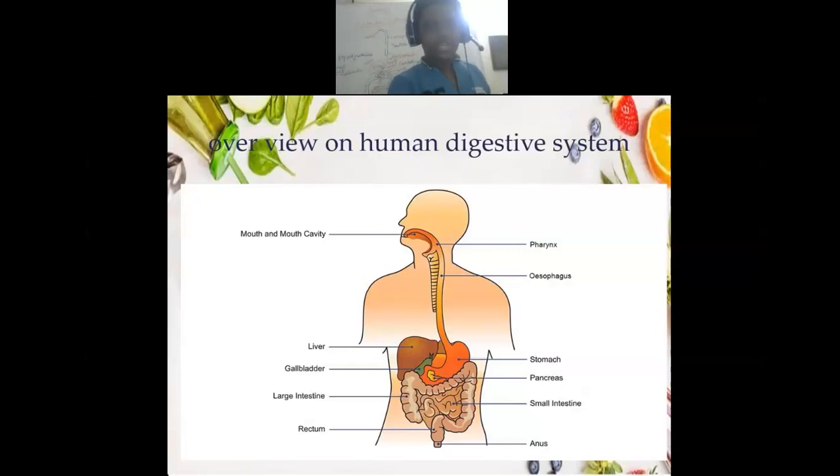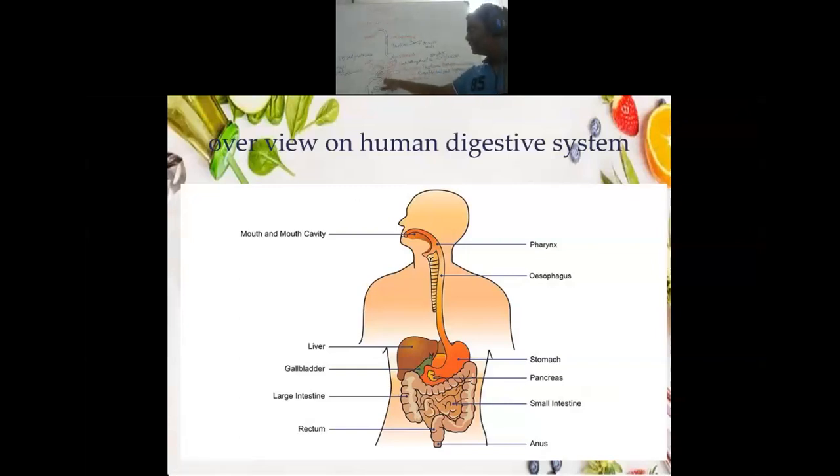Then when the food comes into the stomach, HCl shows its acidic action, and proteins are converted to amino acids with the help of pepsin.